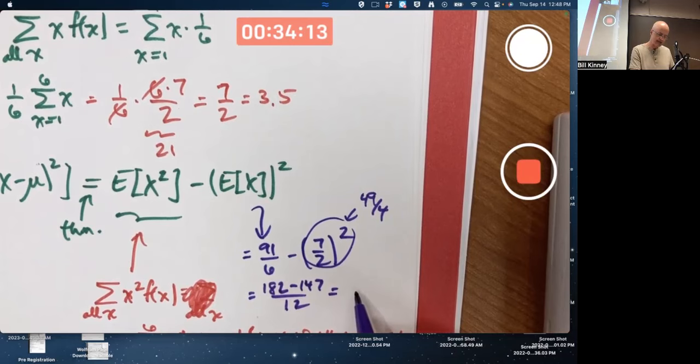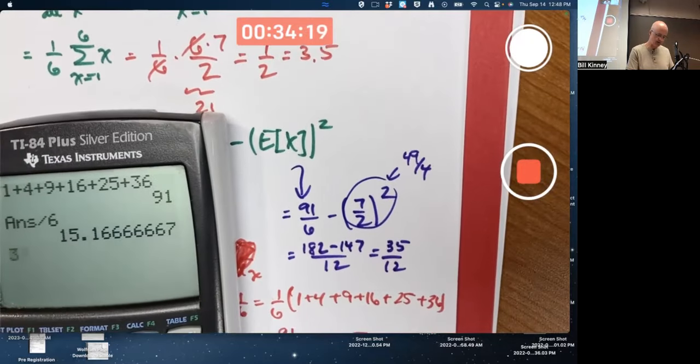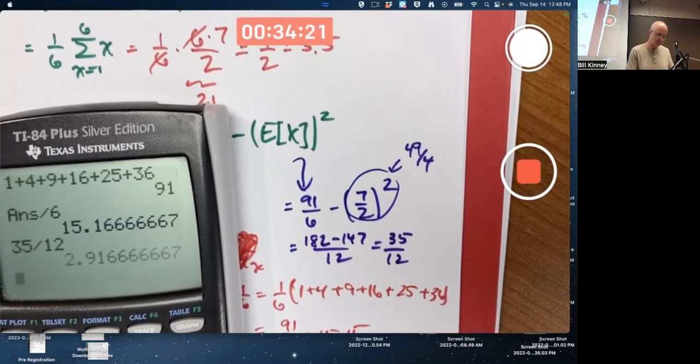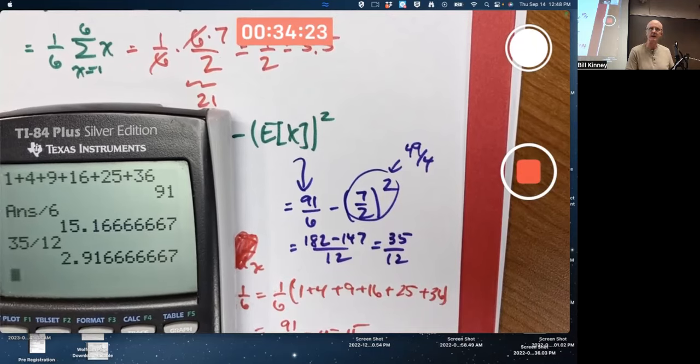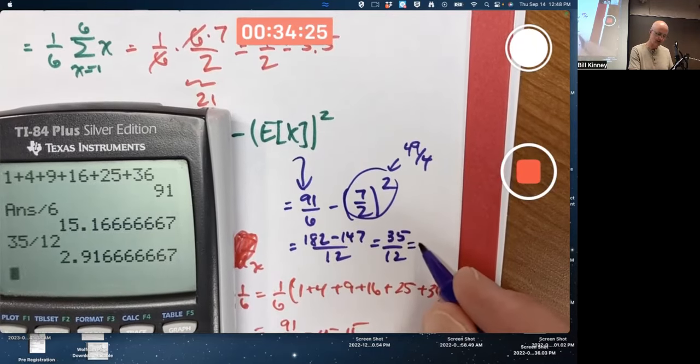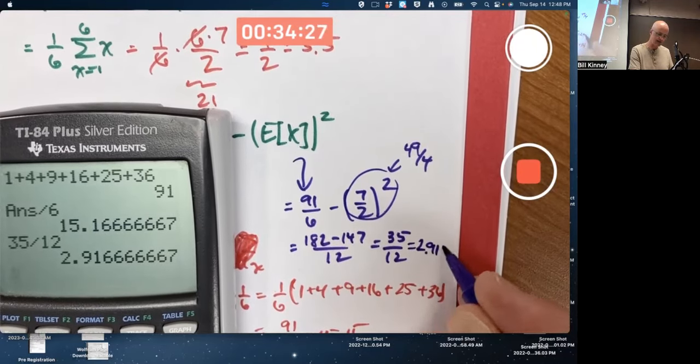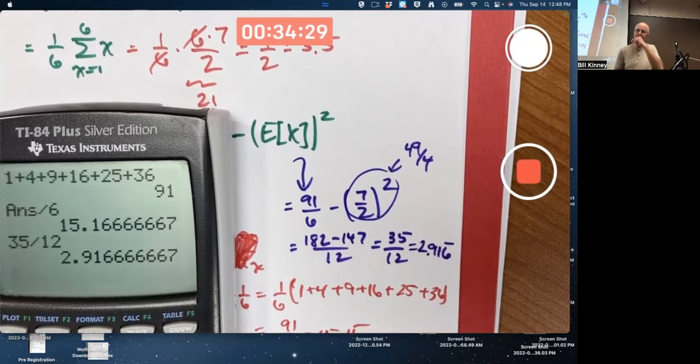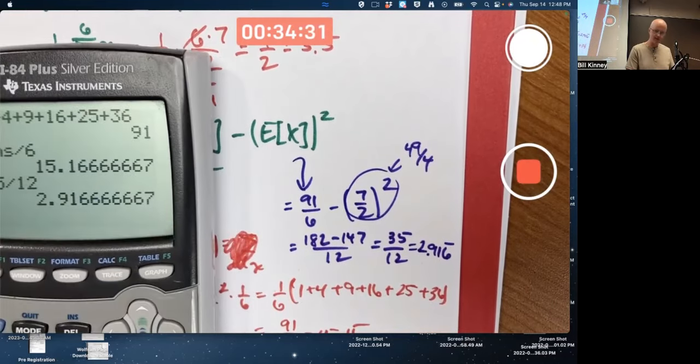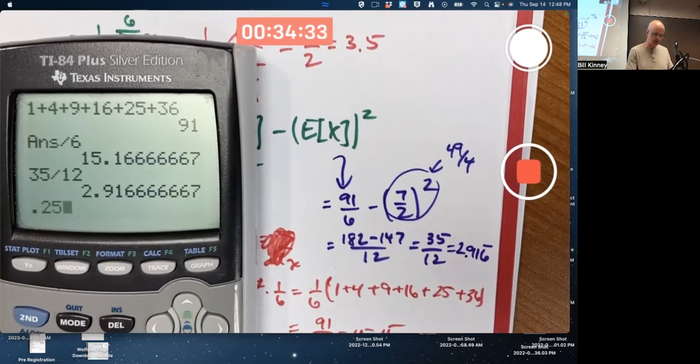Hope I didn't make a mistake. That'll be 35 over 12. I think this is right. Lo and behold, 35 over 12, 2.916 repeating. Just like I guessed, right? Didn't I guess that? That was the average of 0.25, 2.25, and 6.25.